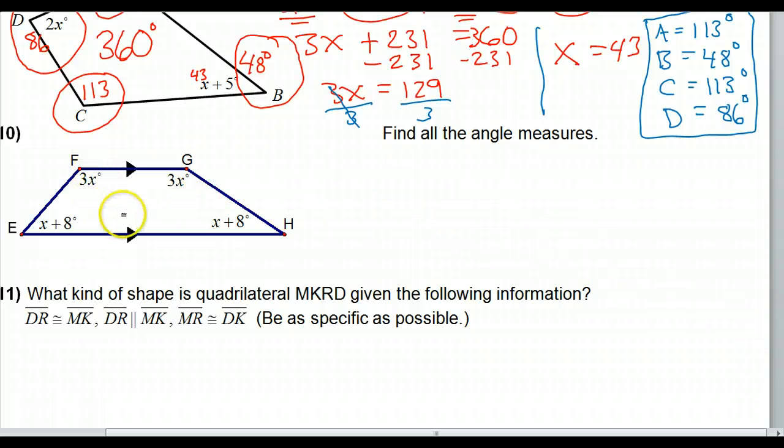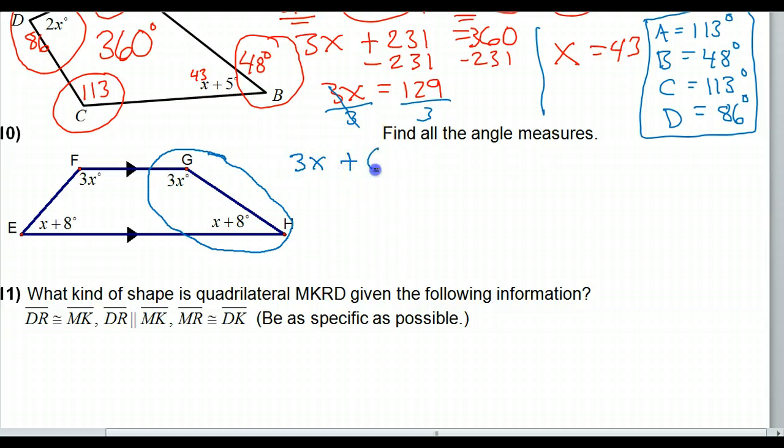Okay, this is obviously a trapezoid. And in fact, this is an isosceles trapezoid. But anyway, what matters is these leg angles will be supplementary. So these should be adding up to 180. So 3x plus x plus 8, these should add up to 180 degrees.